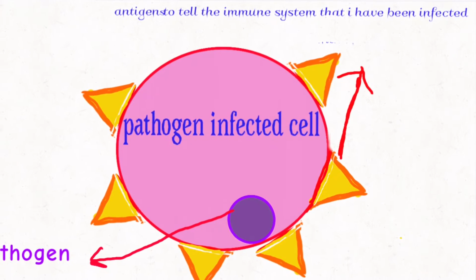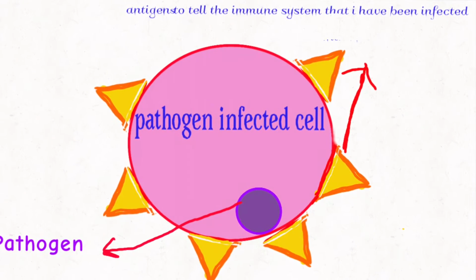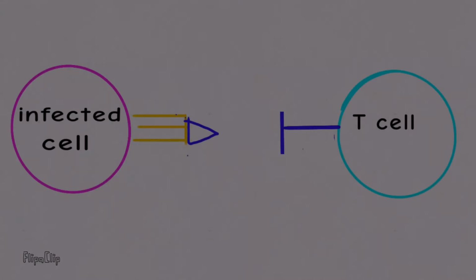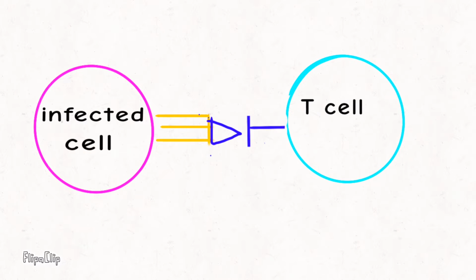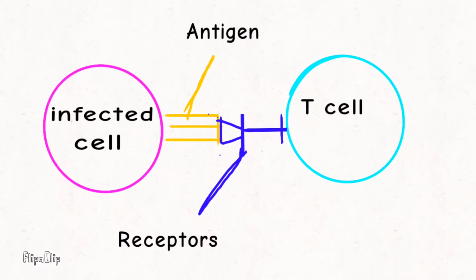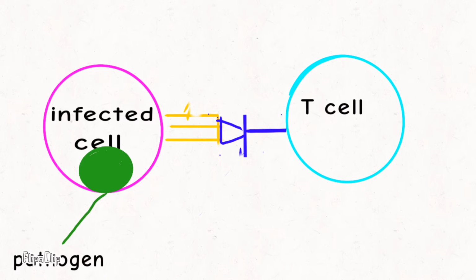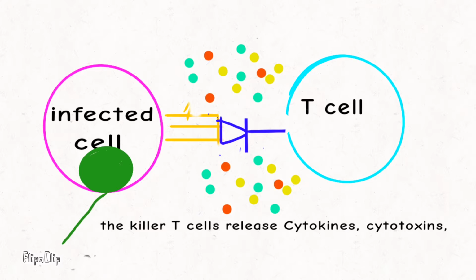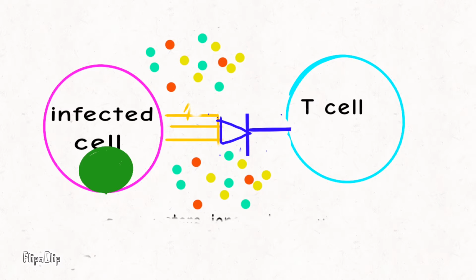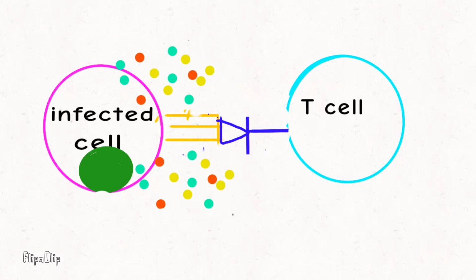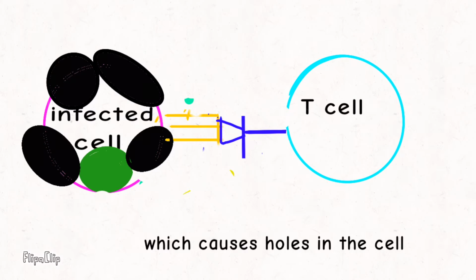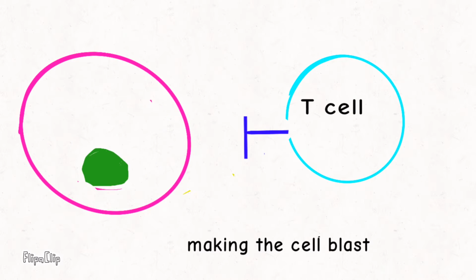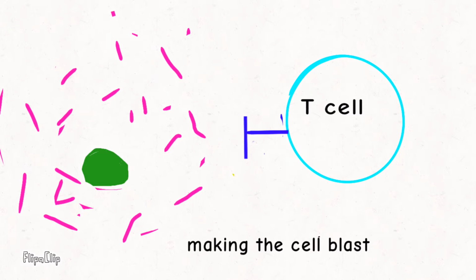Well, an antigen attaches itself to an infected cell's membrane, which stimulates the killer T cells, like, look, this cell is damaged, go kill it. So, the cytotoxic T cells release water, ions, cytokines, cytotoxins and perforin in the cell, which causes holes in it and makes the damaged cell burst.